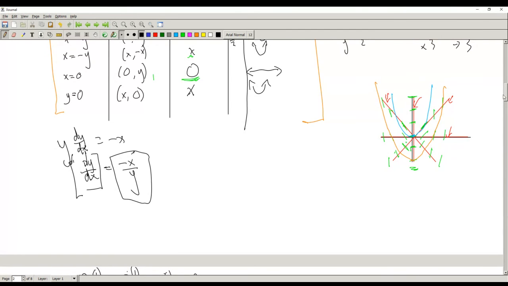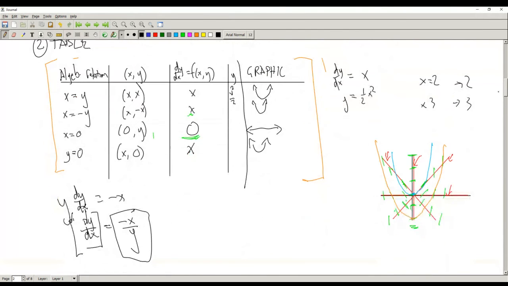Just to make this easier, we're going to match exactly what we've done over here, and I'll just erase the contents of these. So now, if we have x equals y, our equation now here is going to be minus x over y.